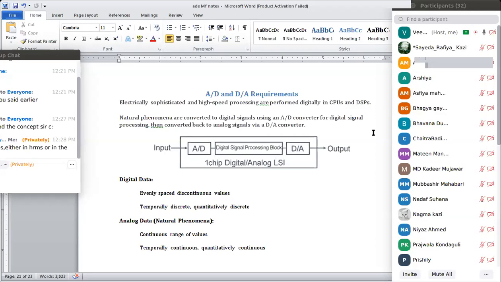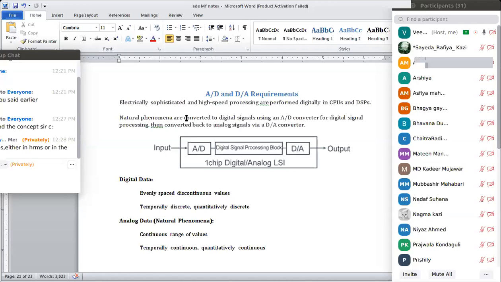For example, the voice which I am generating is an analog signal that reaches the mic, and the mic converts the analog signal into an electrical signal, correct? That electrical signal is given to the processor, the computer, which processes the digitally converted signal and then transmits it over the communication channel. When you access that channel, you get that digital signal.